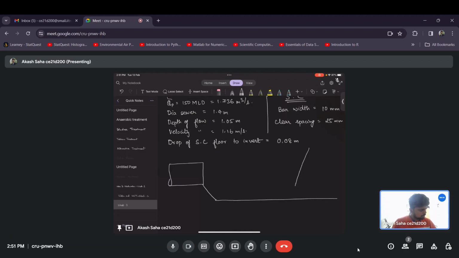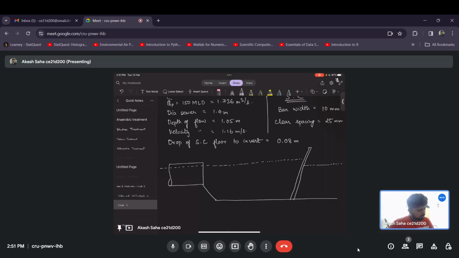And suppose these are my screens. So I'm viewing it horizontally. So this is my inclined screen. So suppose this is my level of water. Okay, so after the screen, there will be a small head loss. So it will decrease a bit.